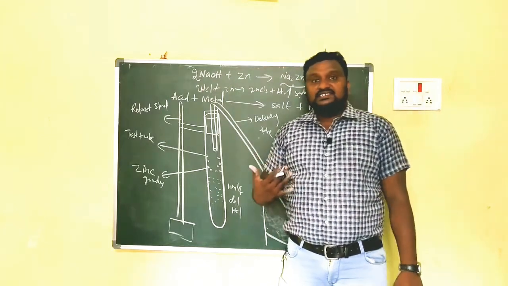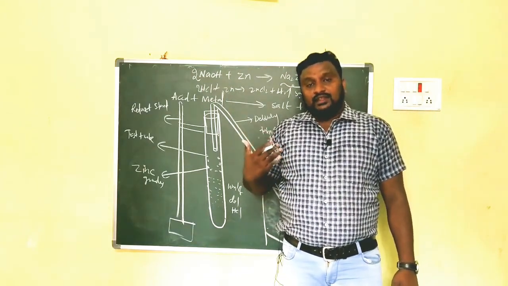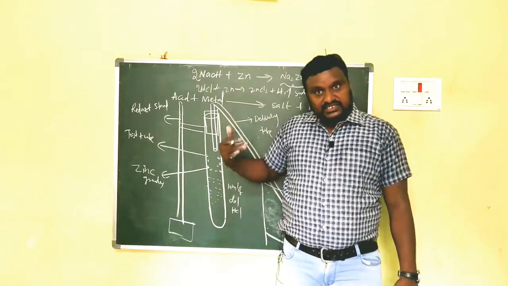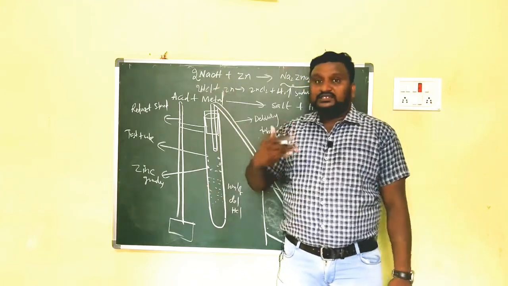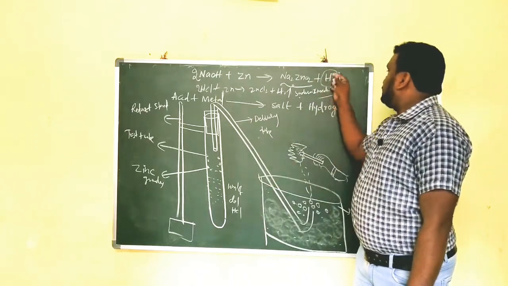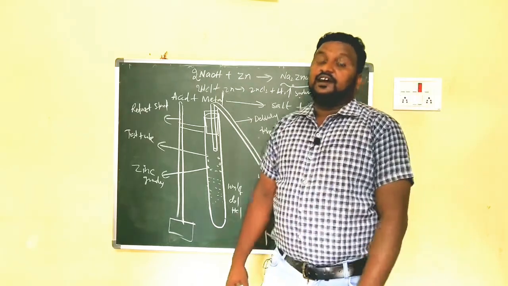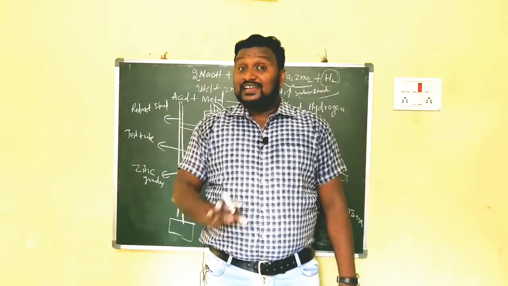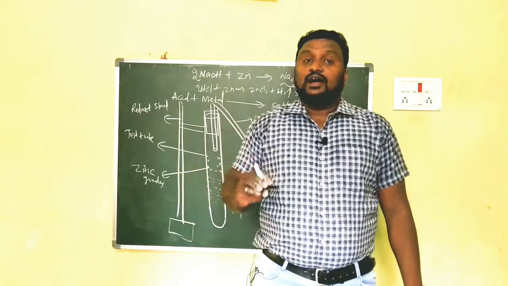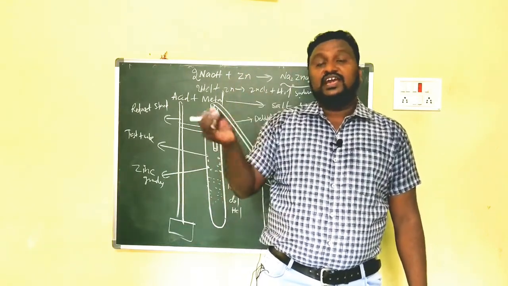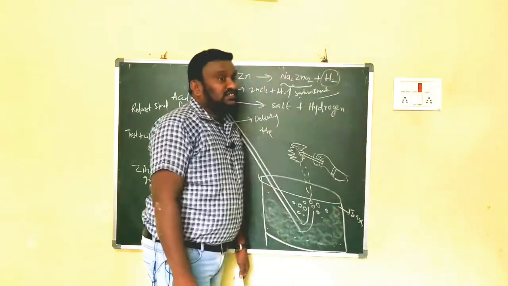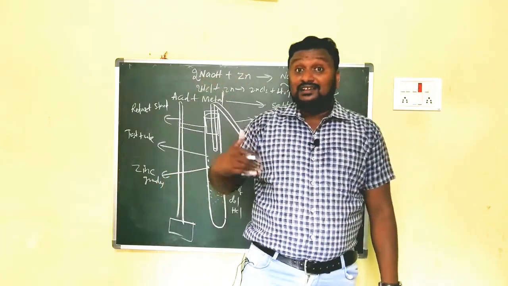In the case of acids, metals produce salts and gas. In this case also, a base substance like NaOH can produce salt and hydrogen, but it is not applicable to every base. In the case of acids, all metals can produce H2 and salts, but in the case of bases it is applicable to NaOH and not exactly to the other bases.